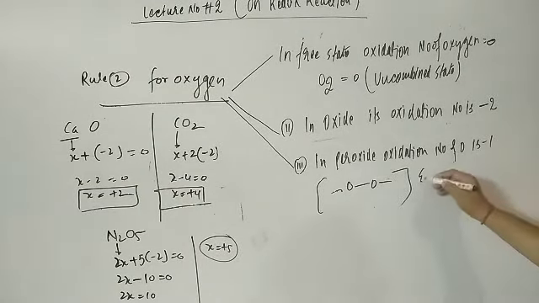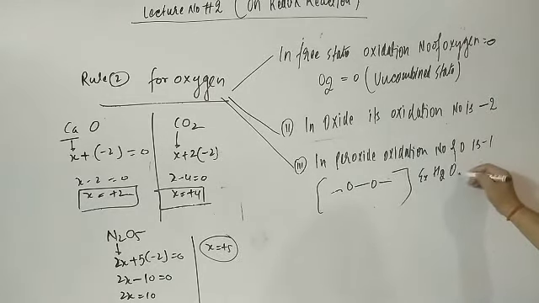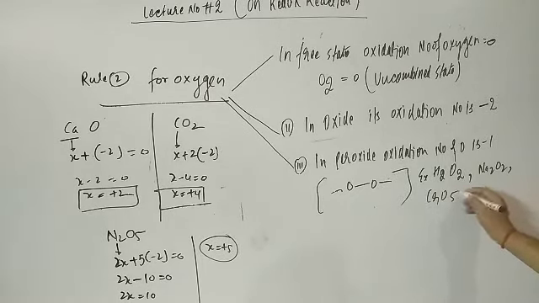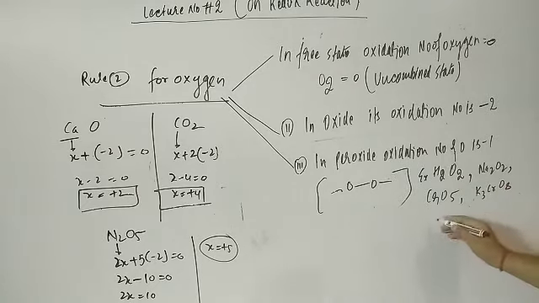For example, suppose we are having H2O2, students. Okay, Na2O2 is there. CrO5 is there. K3CrO8 is there, student. H2SO5 is there.